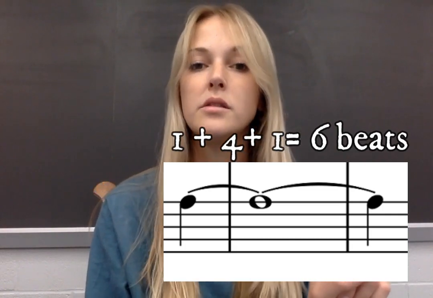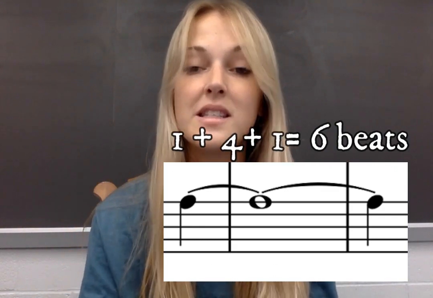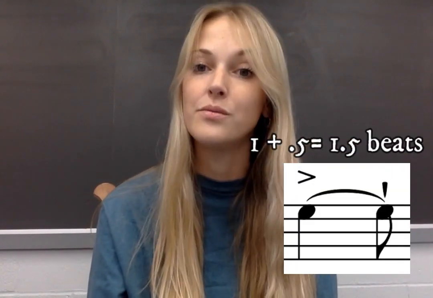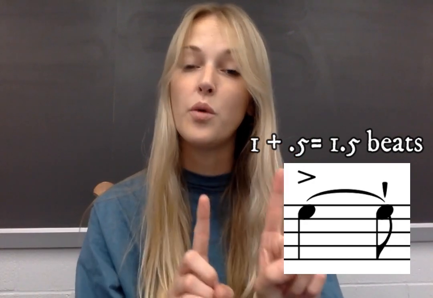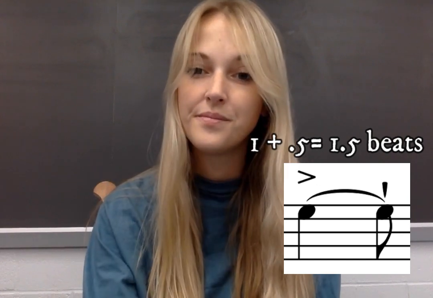So we have 1 plus 4 plus 1, which is 6 beats that the musician would hold. And our last one, we have a quarter note tied to an eighth note. So in this example, we have 1 and a half. So it would be 1 and a half beats that the musician would hold this pitch.